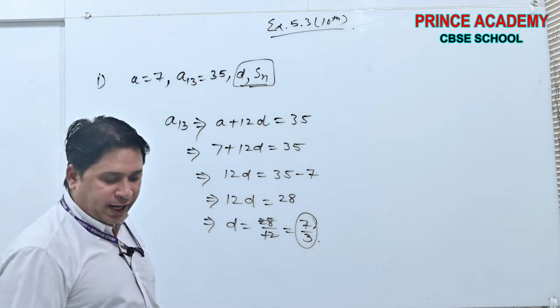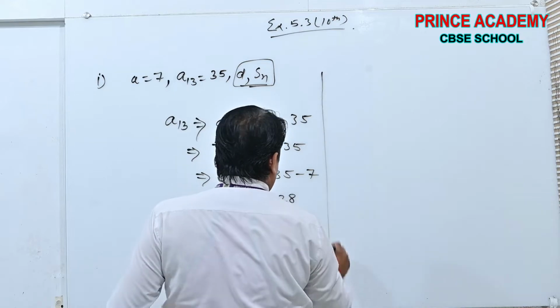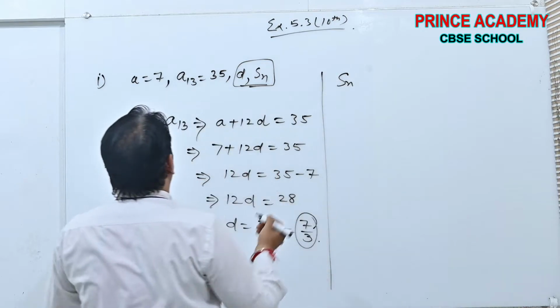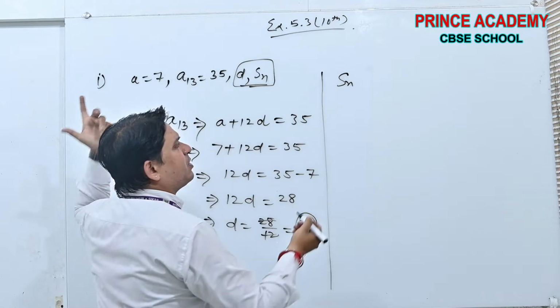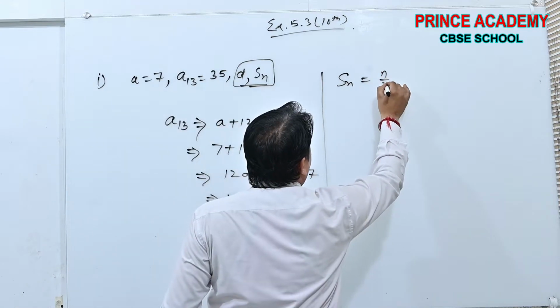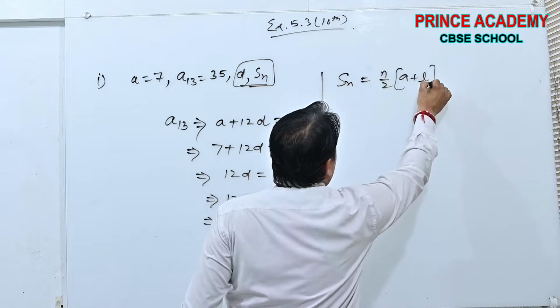Now what we have to find? Sn. But n is 13. Last term is given, first is given. Don't worry. n by 2 into a plus l.